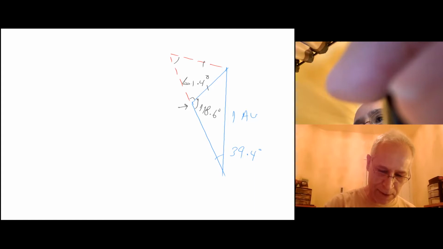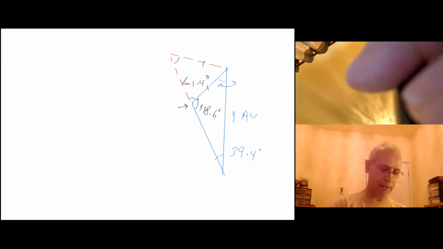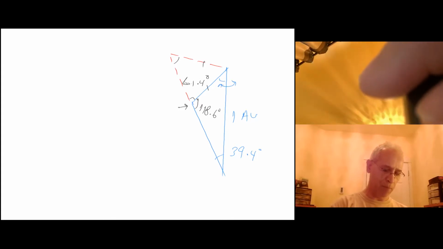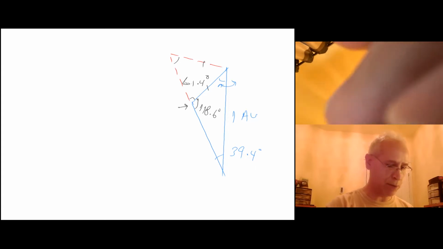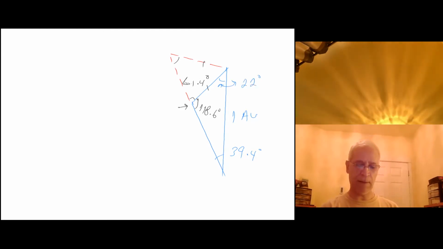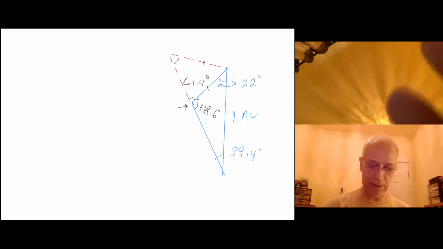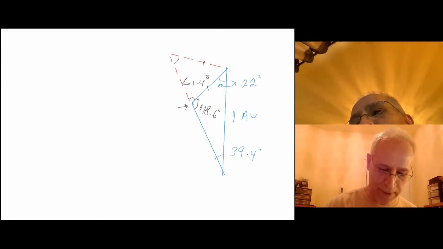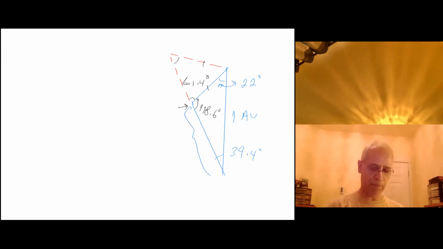What is this angle right here? It's 180 minus 39.4 minus 118.6, and that's 22 degrees. In this part of the problem, I want to find this distance right here.